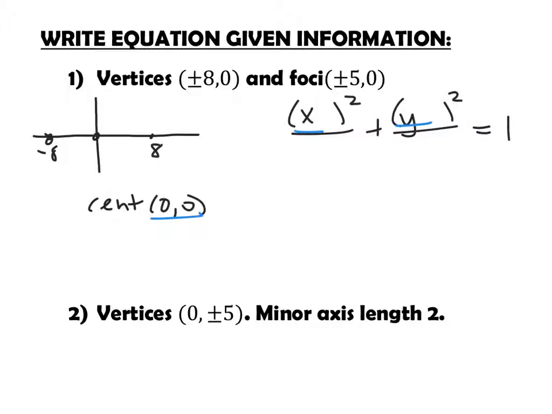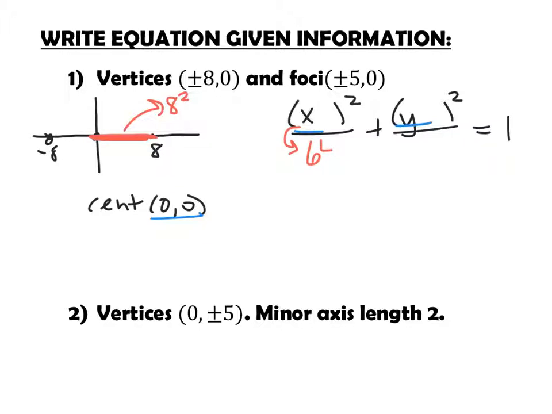Okay, so how did we get our vertices from our equation? Well, for the major axis, we took this number 8 and we squared it because what was underneath was, in this case, 64, and we did the square root. Since it's horizontal, it needs to go underneath the x.